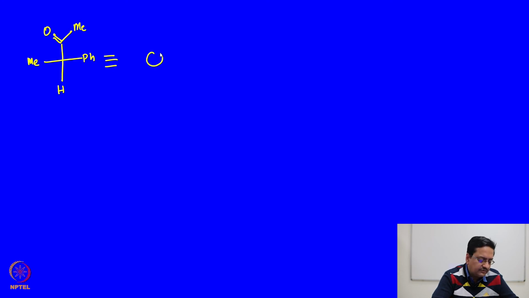So, let us try to see this with a real example. So, this particular compound is treated with lithium aluminum hydride. So, for this compound, the preferred geometry as per Cram's rule, if we try to draw, would be this one.